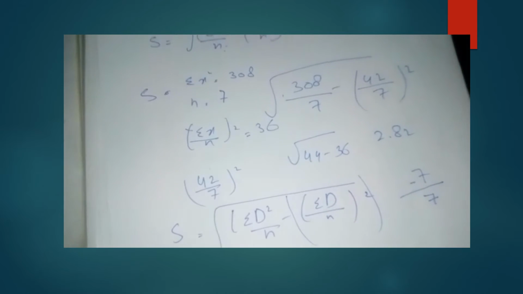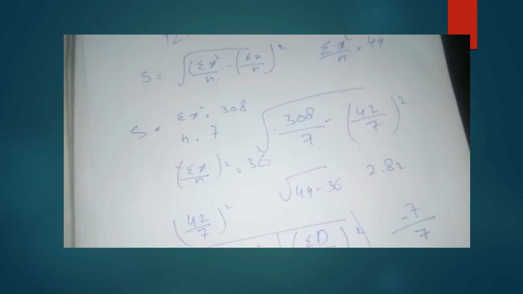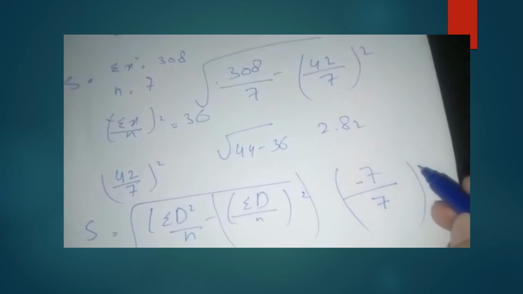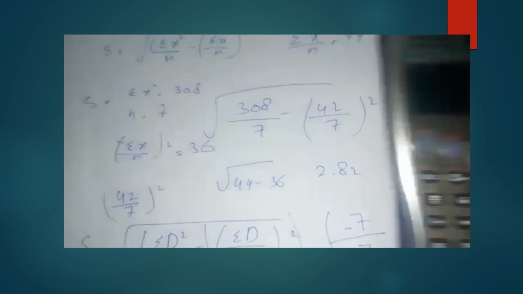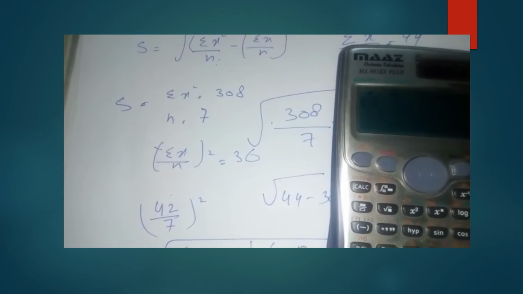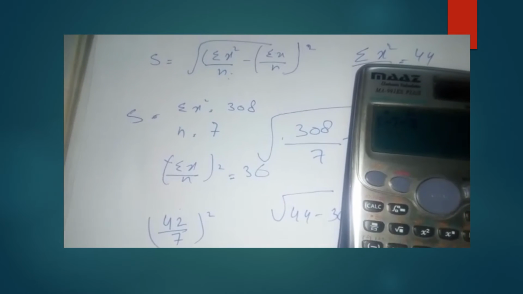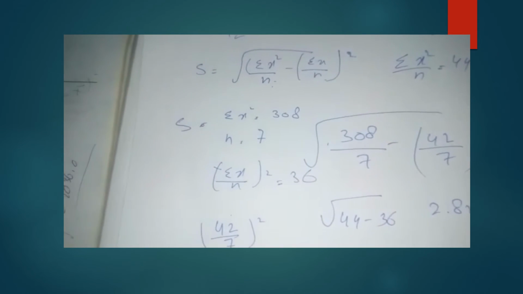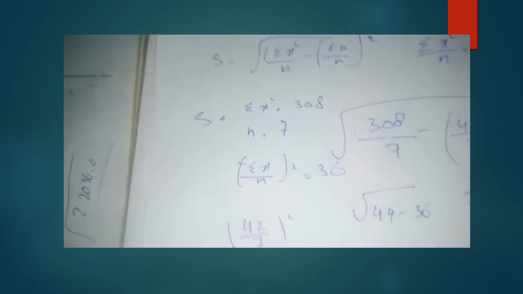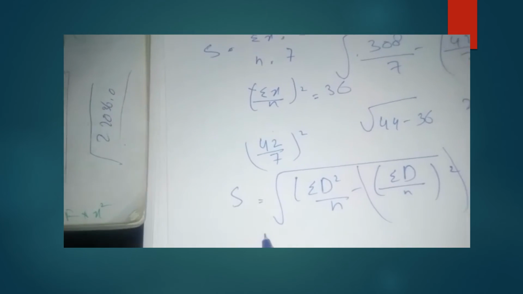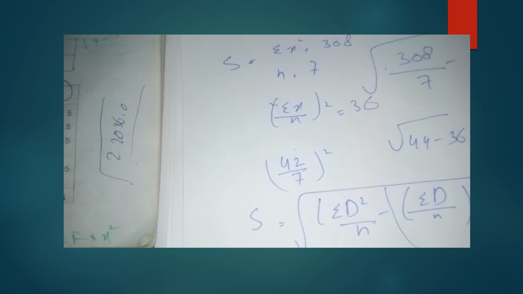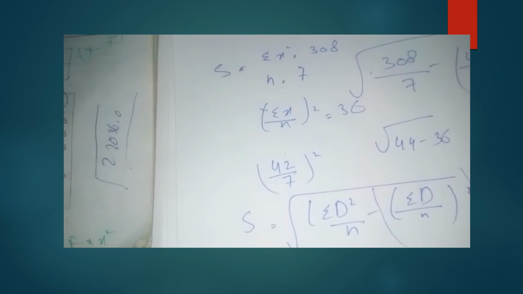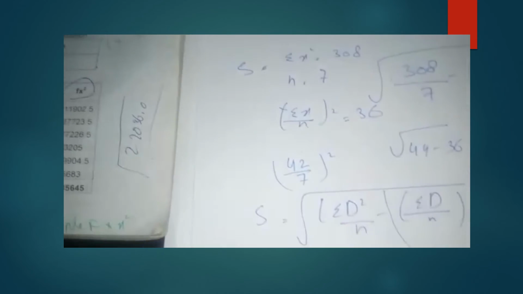First we calculate this: minus 7 divided by 7, where the total number is 7, and the whole square. Minus 7 divided by 7 is minus 1, and squared the answer is 1. So the answer of this part is 1.